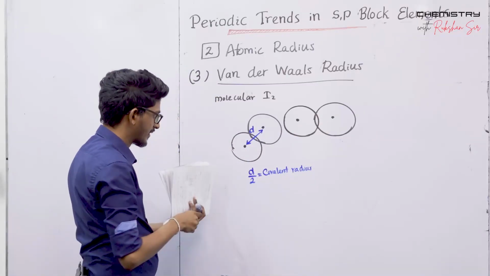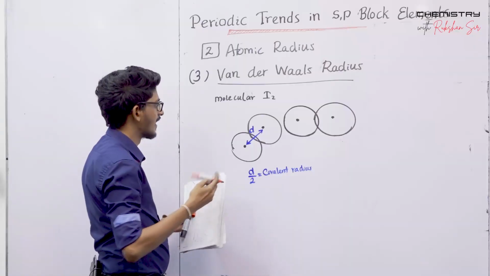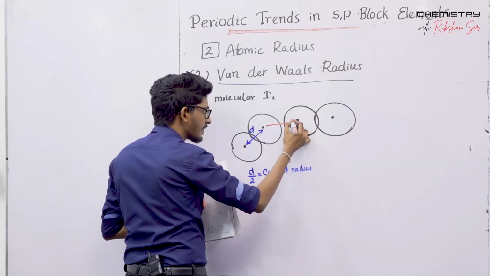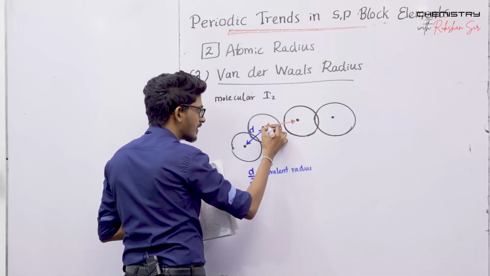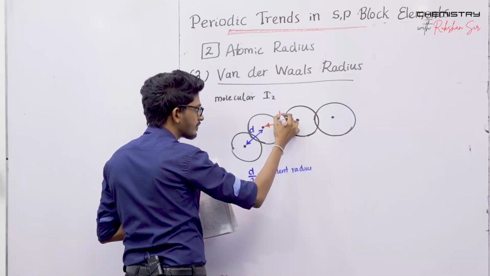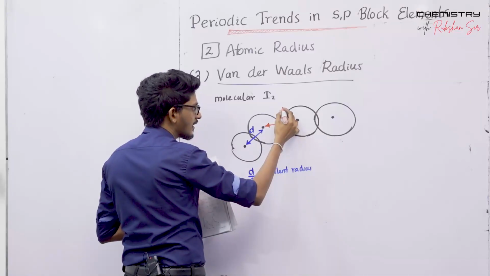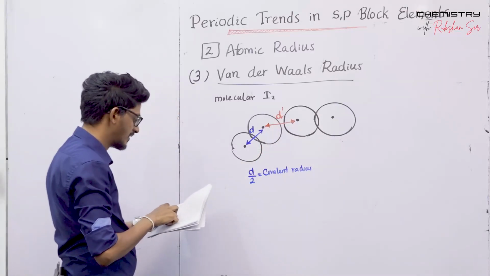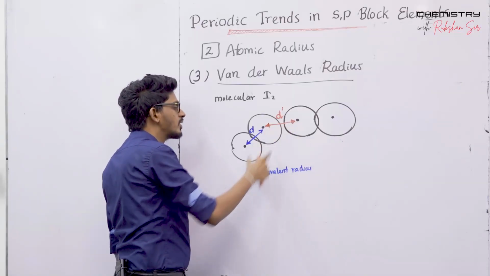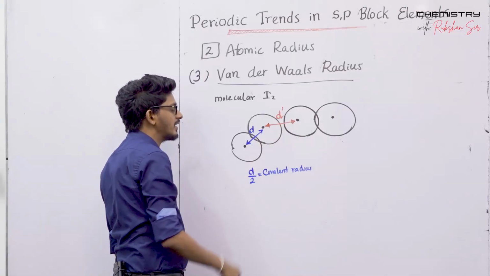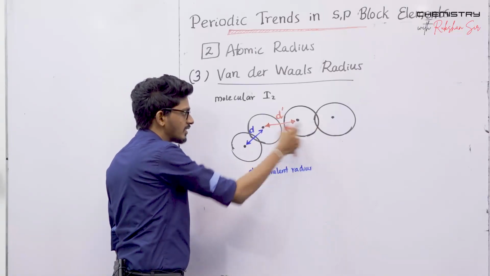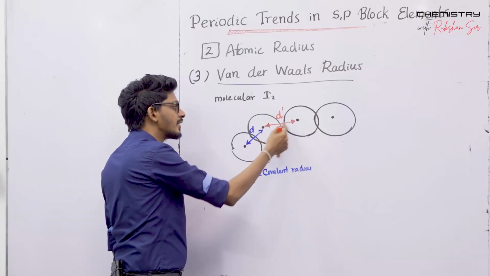So the Van der Waals radius is actually this. When you are referring to two I2 molecules with their closest arrangement, the distance between two nuclei of non-bonded iodines. These two iodines are bonded to each other, but these two are non-bonded.